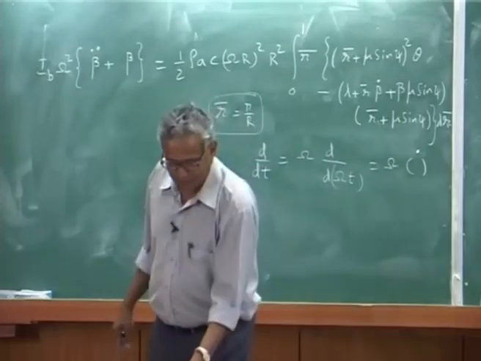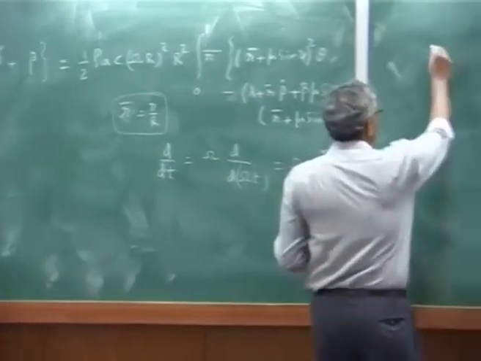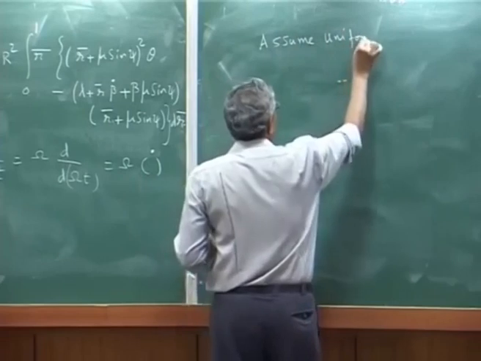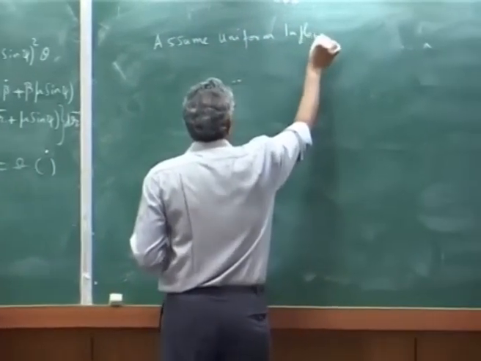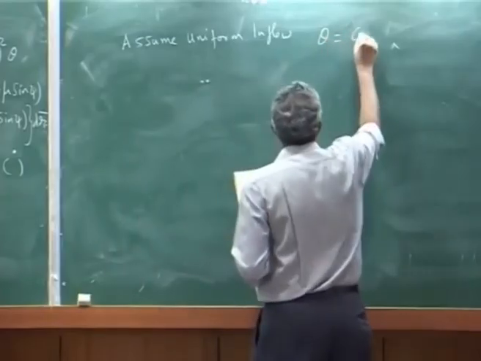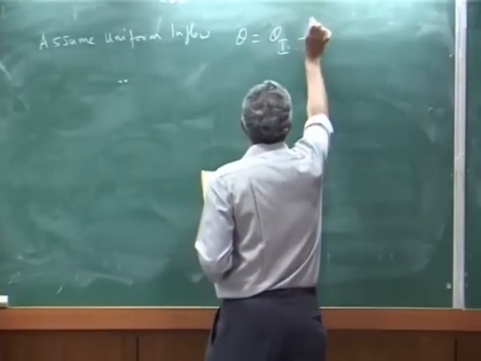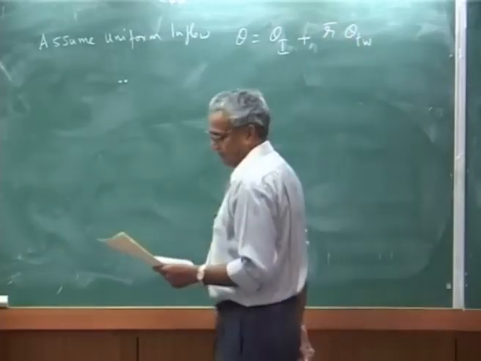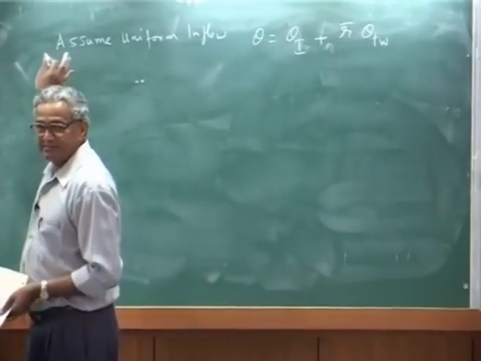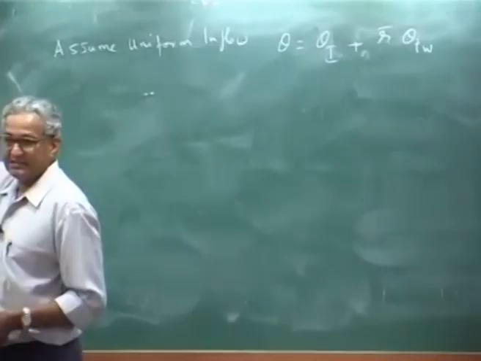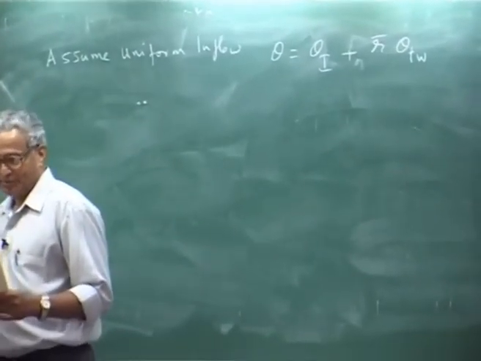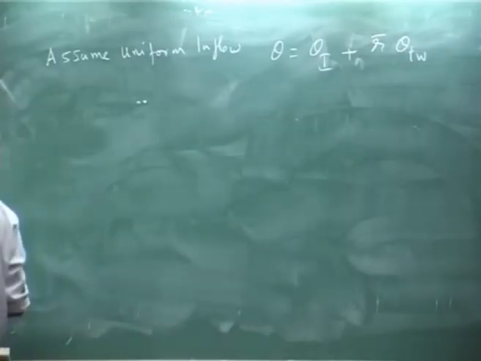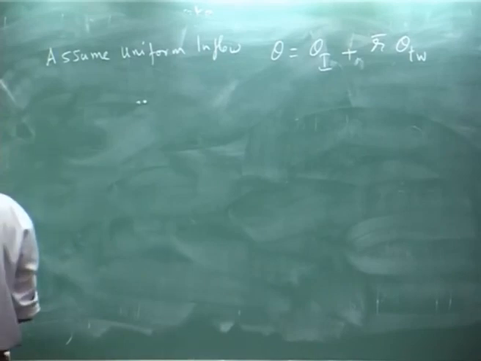Now if you write, assume uniform inflow, and theta equals theta I plus r bar theta twist. If we assume that linear twist, put it back here, integrate, you will get your equation like this. That's what finally I am going to write in this form, which is relatively simpler.